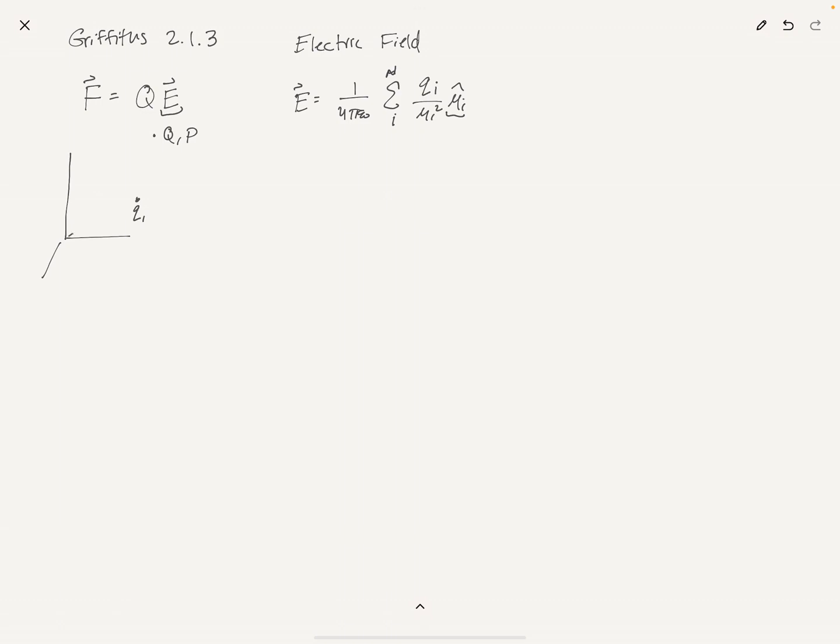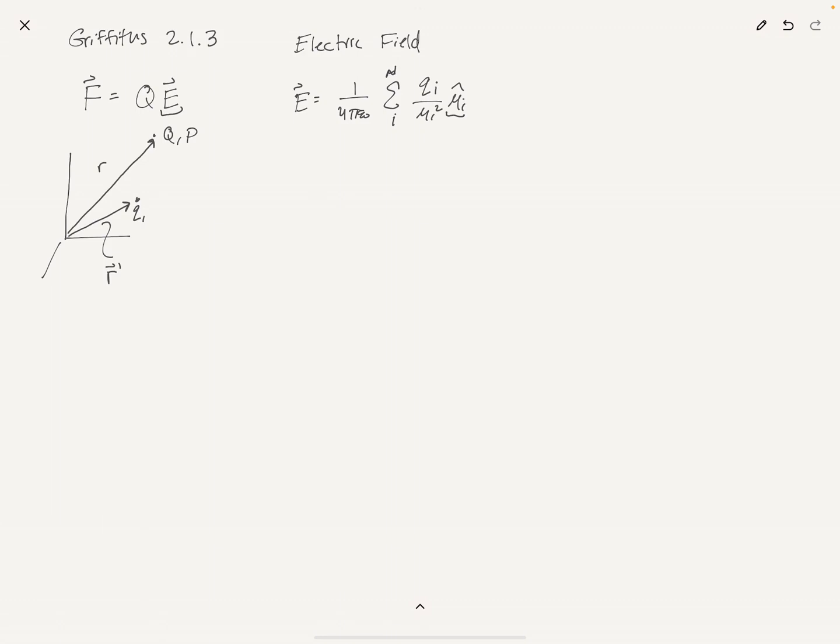Okay, I have a vector that points to my source charge. That vector is called R prime. I have a vector that points to my point in space.